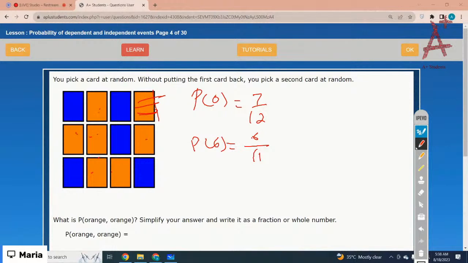So for the probability of orange and orange, you just multiply 7 over 12 times 6 over 11. 6 times 1 is 6, 6 times 2 is 12, so it would be 7 times 1 is 7 and 11 times 2 is 22.